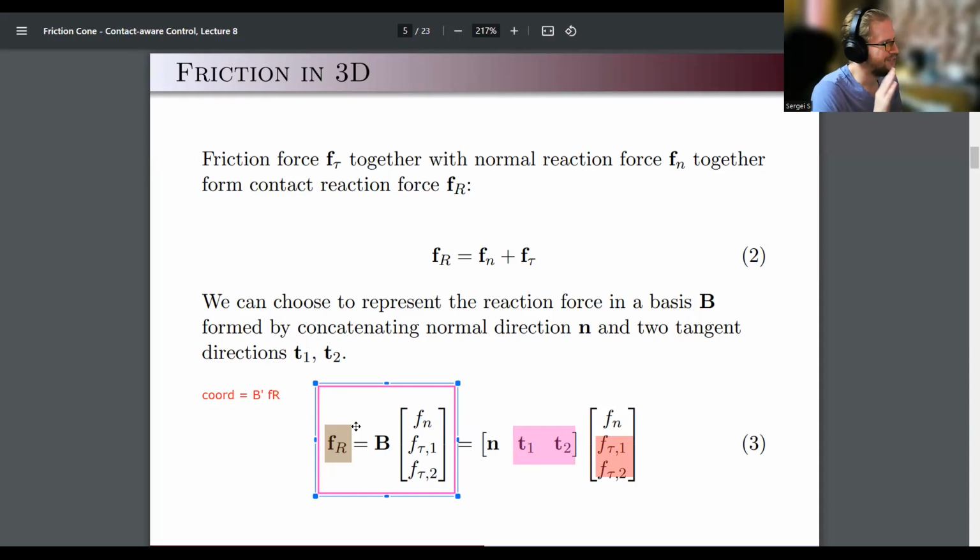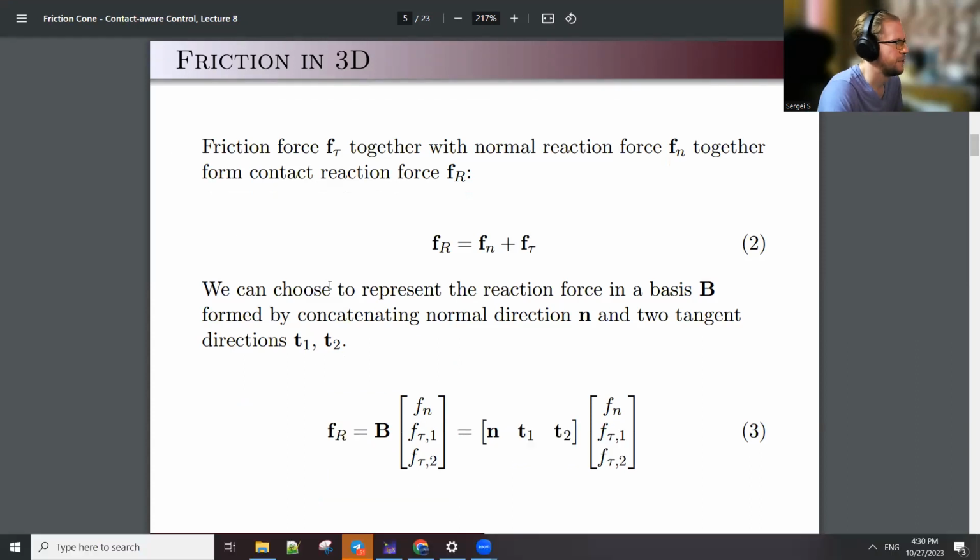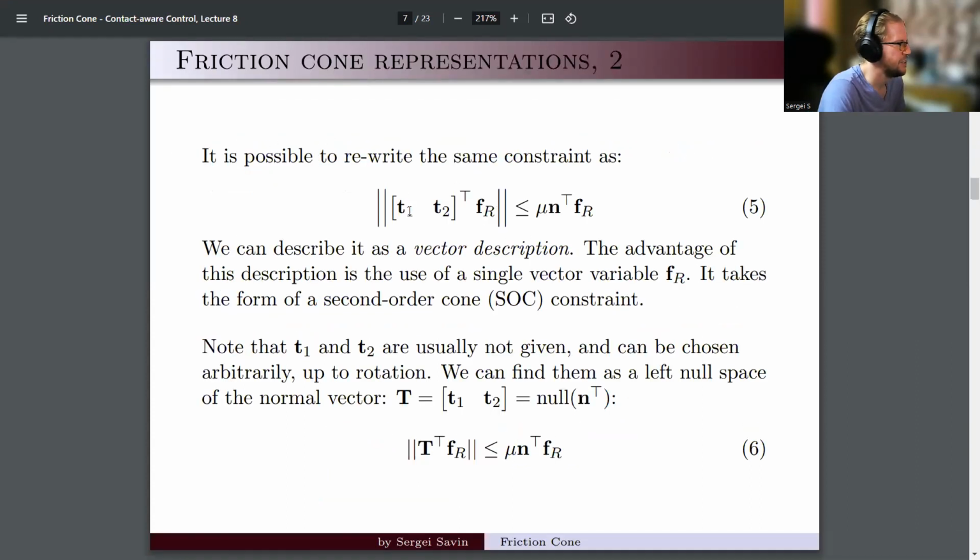If you do it, you would see that T1, T2 multiplied by itself produces the identity matrix, and n cancels to 0. So just do it, see how it works. This is what we do here, and we basically get this F tau.